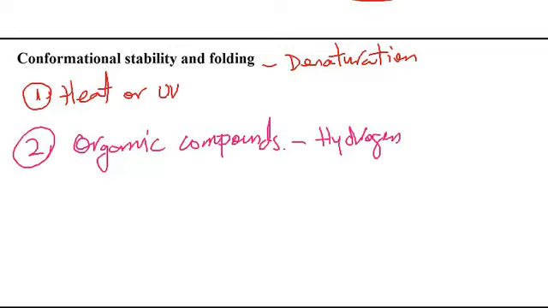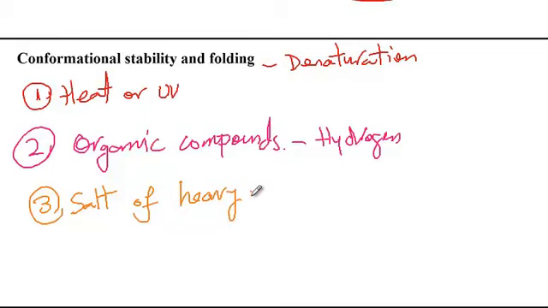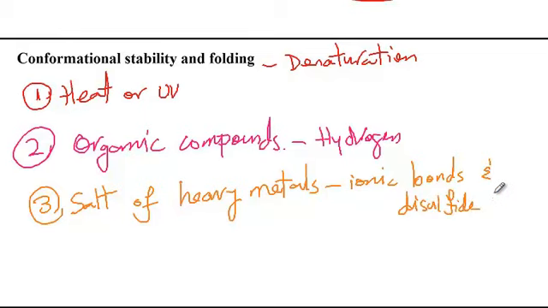Next, we have salts of heavy metals, like for instance mercury and lead, which can disrupt ionic bonds as well as disulfide linkages.